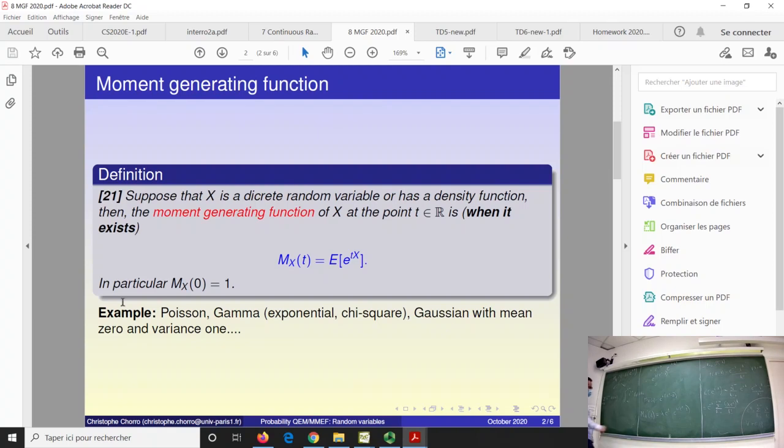What I obtain, if I take the value of this derivative at 0, is lambda. And what is lambda?